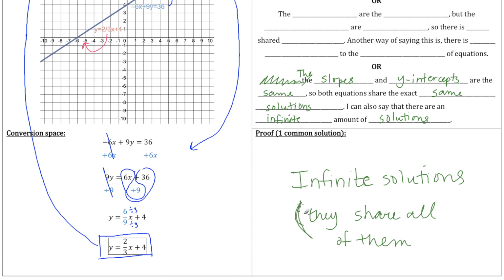They share all of them. All right, on to the next example.